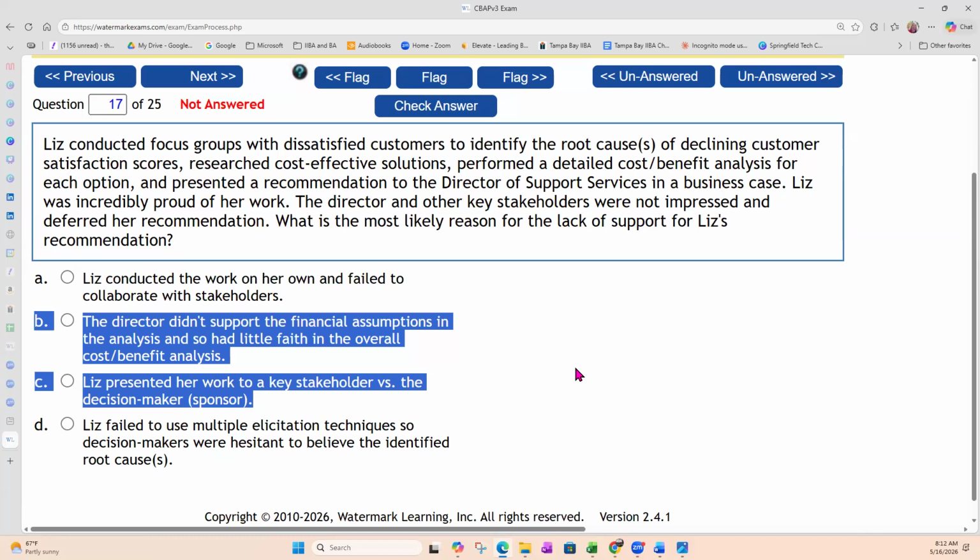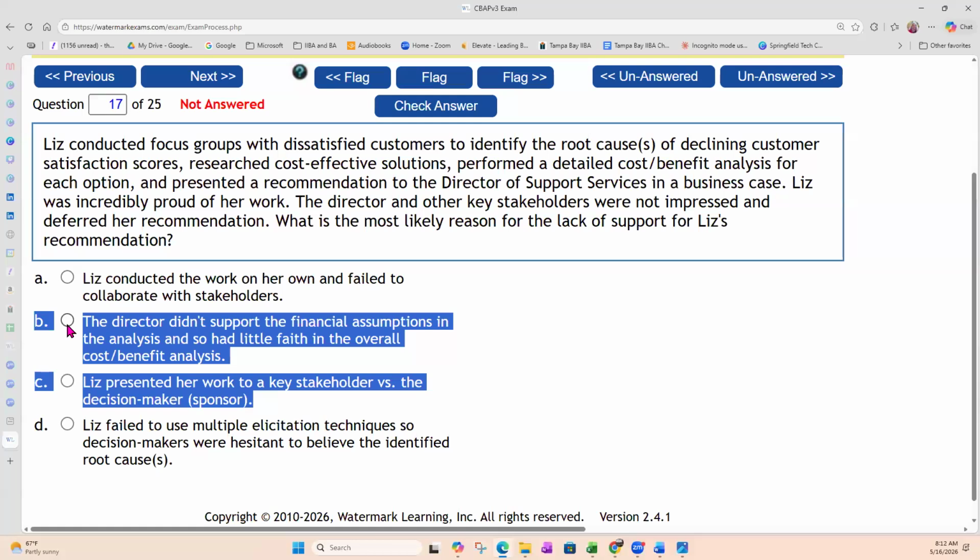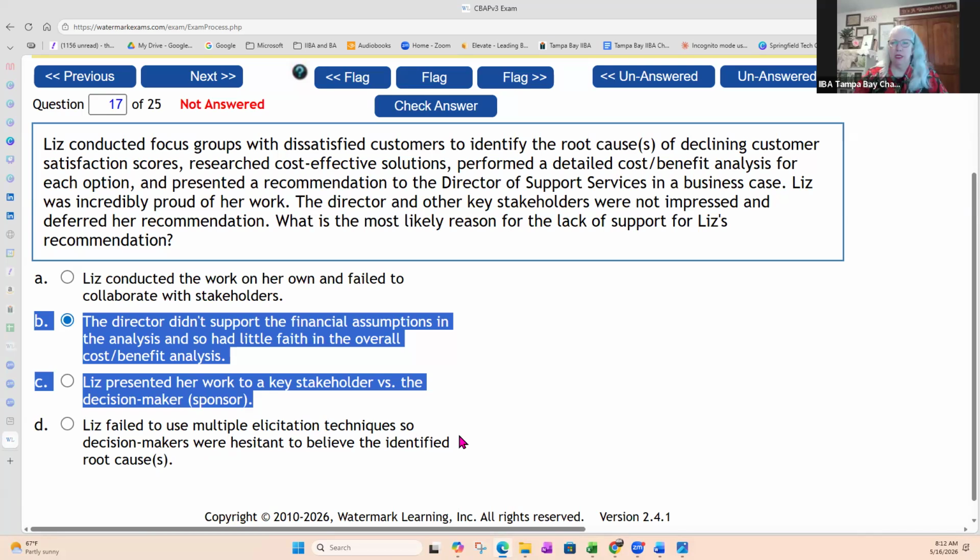Should be B. Focus groups. Do you think B is the correct answer? Or what we should eliminate? We should eliminate the C. Okay, so you feel like B is the correct answer?